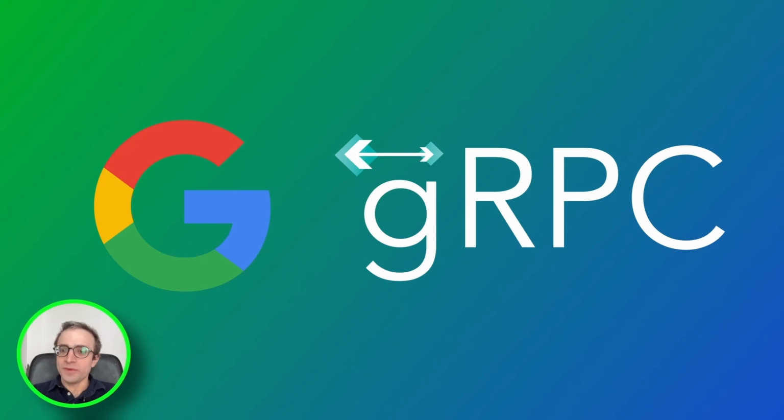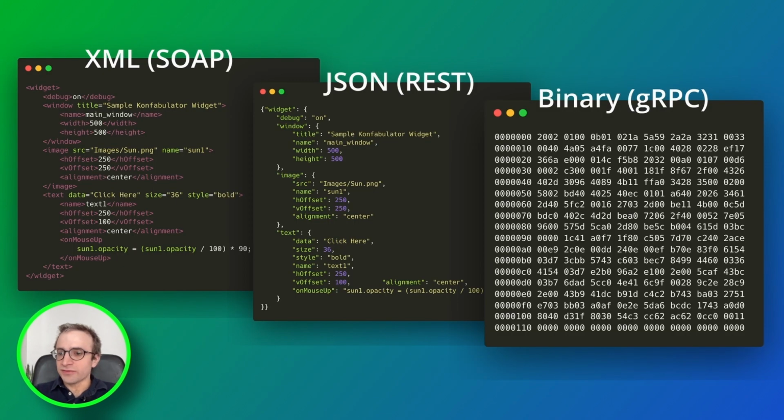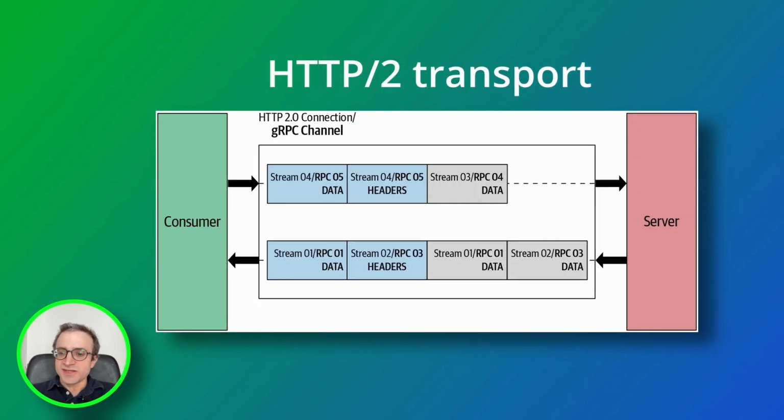gRPC is an open source framework developed by Google to connect their microservice infrastructure. Compared to text-encoded REST or SOAP services, gRPC is more efficient in terms of bandwidth and CPU, thanks to using a binary format encoding and using HTTP2 for transport.